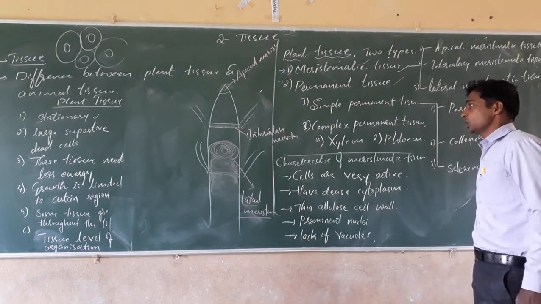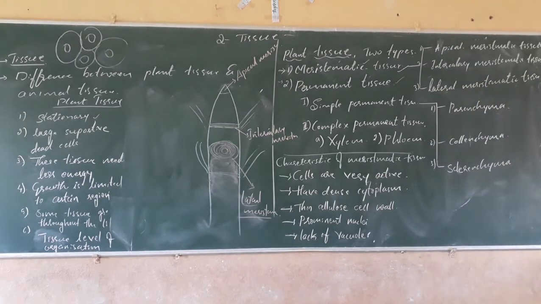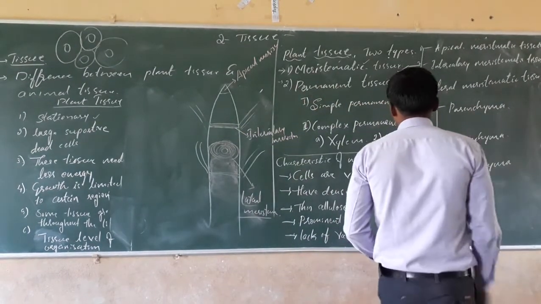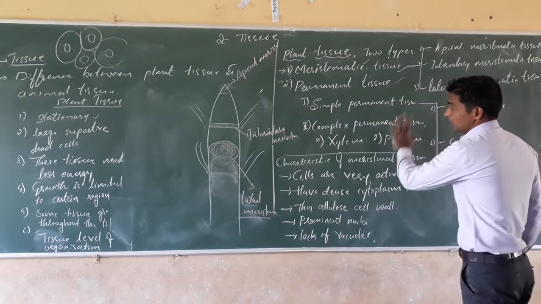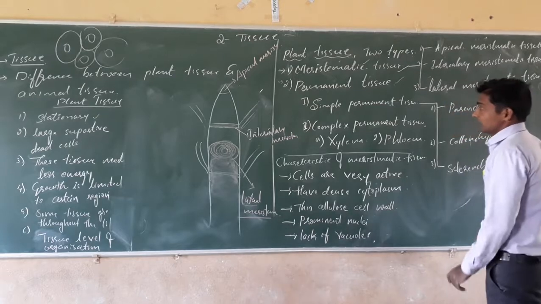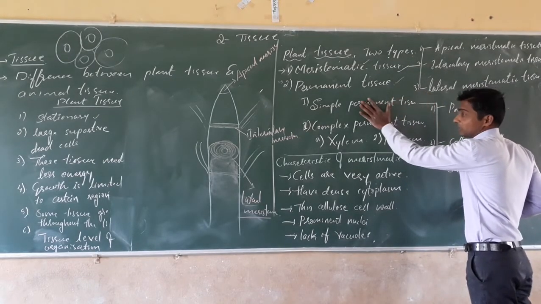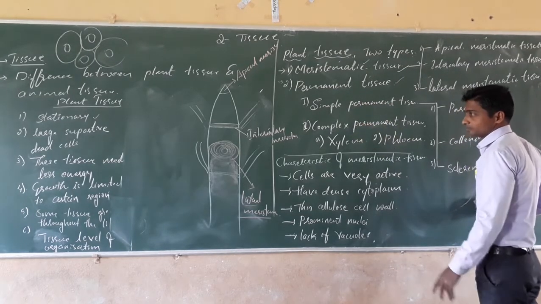In simple permanent tissue, the same kinds of cells are present. Later we will study simple and complex permanent tissue in detail. In complex permanent tissue, different types of cells are present.